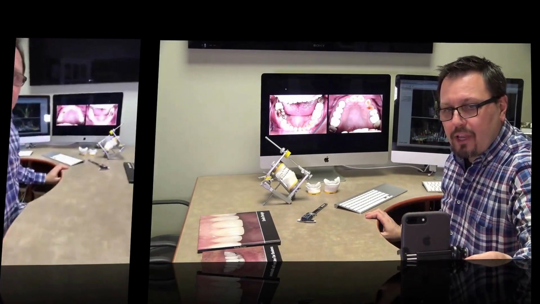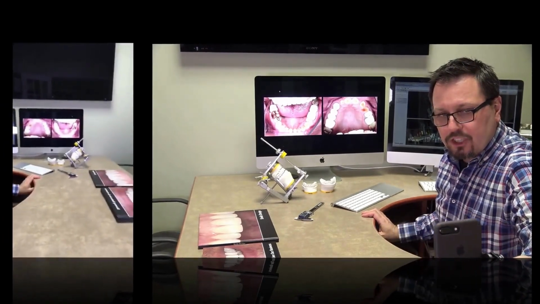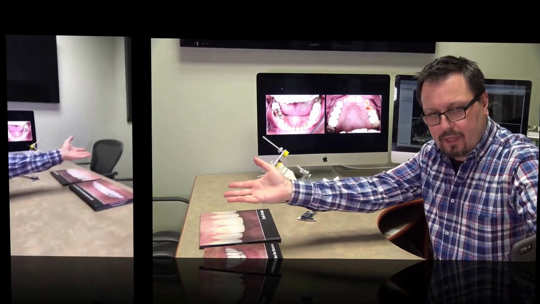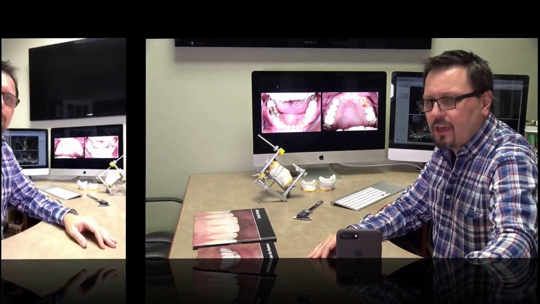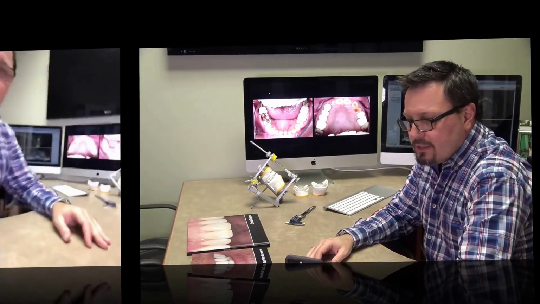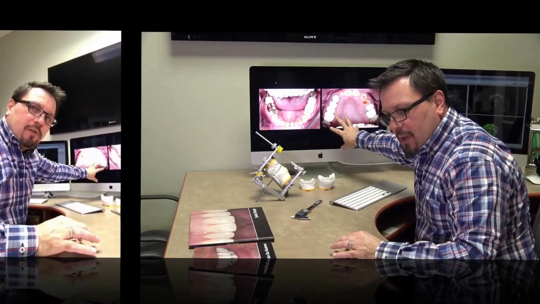So what you're seeing here is my consultation room. The patient comes in and sits across from me, either the patient alone or the patient and the patient's spouse or significant other. This is the final treatment planning consult in our system. We have the patient's keynote presentation here on my iMac.